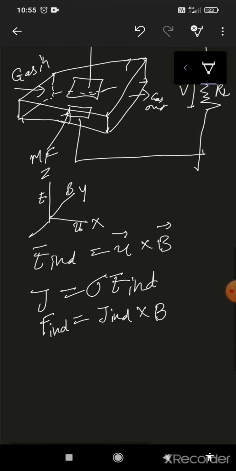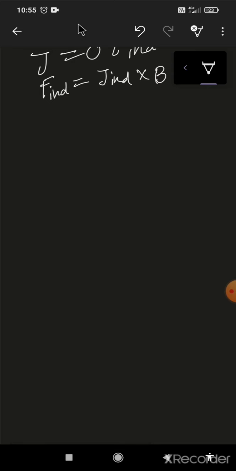From an energy point of view, the moment of force through a displacement is converted into electrical energy.